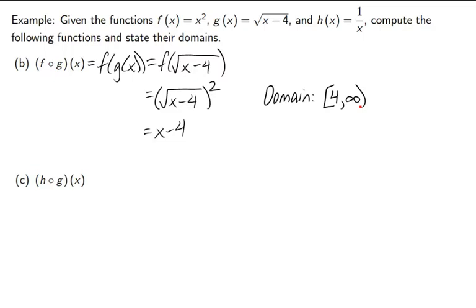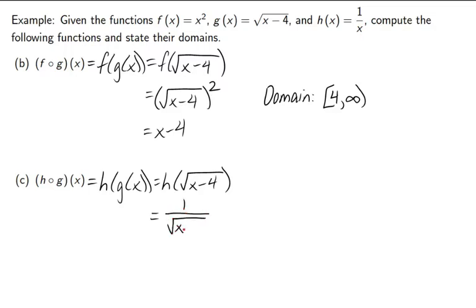All right, next example. Let's write this out. H of g of x. And then plug in g of x. It's the square root of x minus 4. When I plug that in for x in the function h of x, I get 1 over, x becomes the square root of x minus 4.